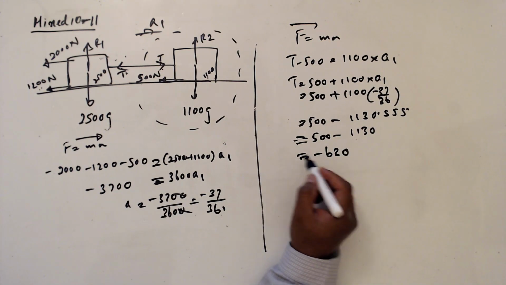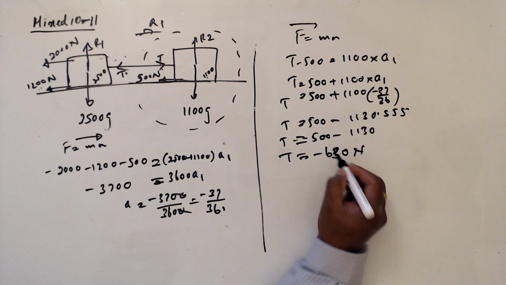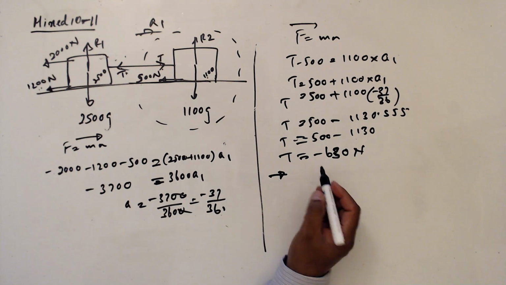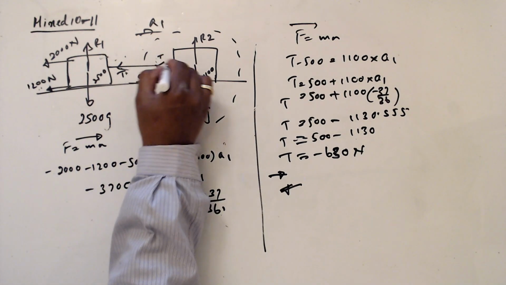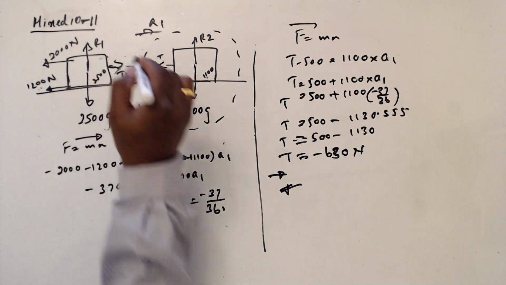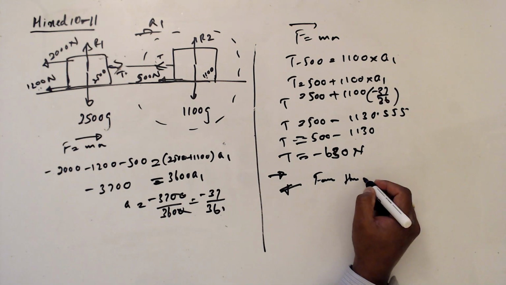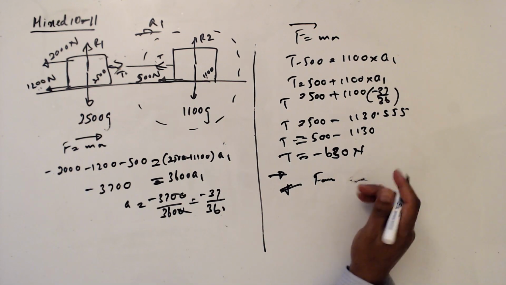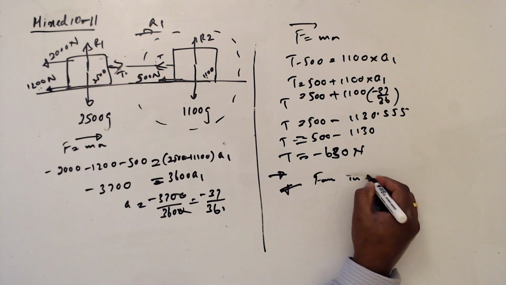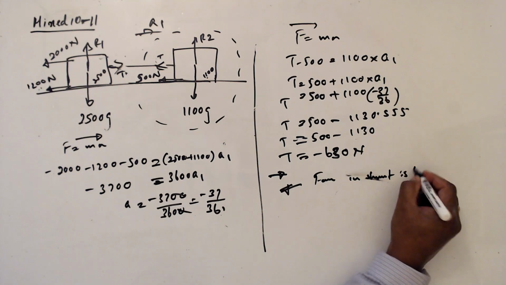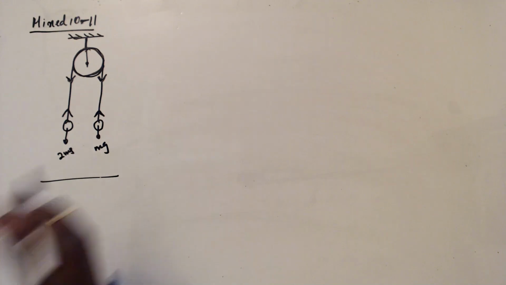So T equals negative 630 Newton. It means I took T in this direction, so it has to be the other way around. So the force in the shunt is 630 Newton.